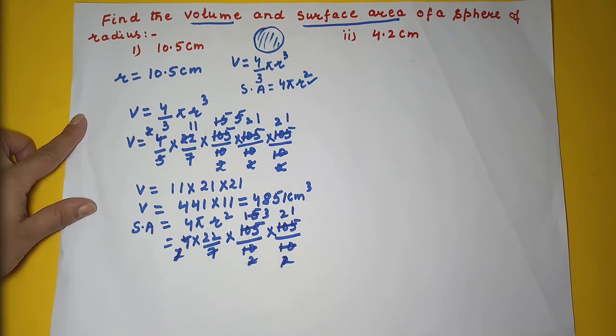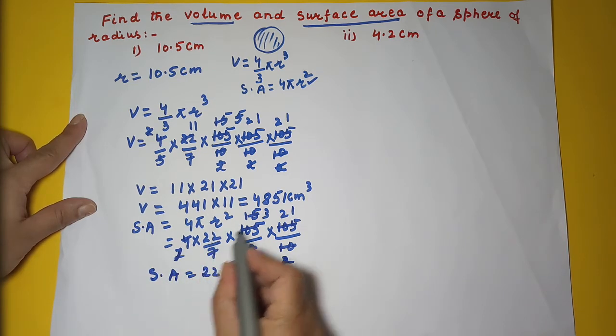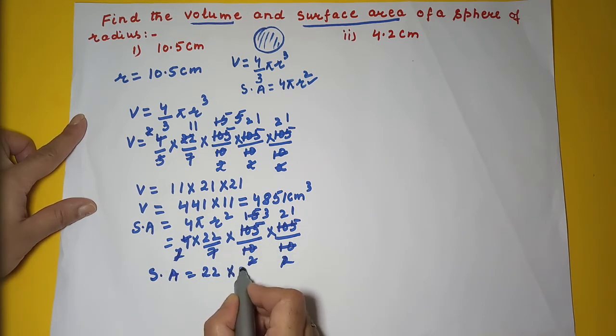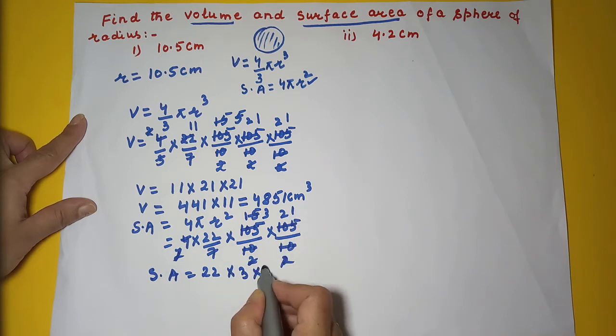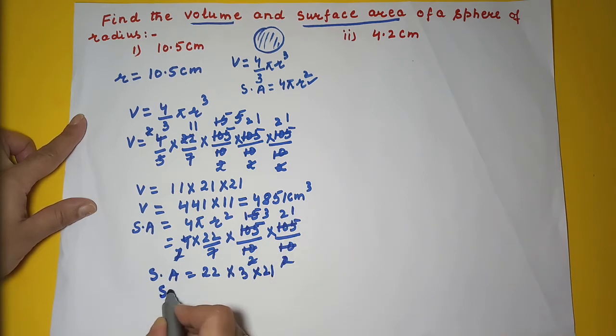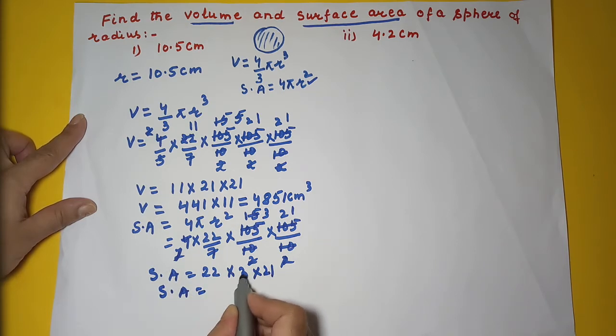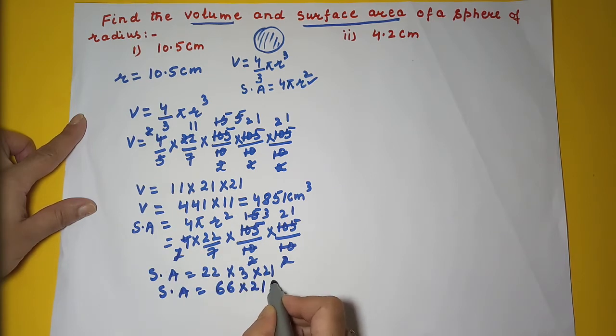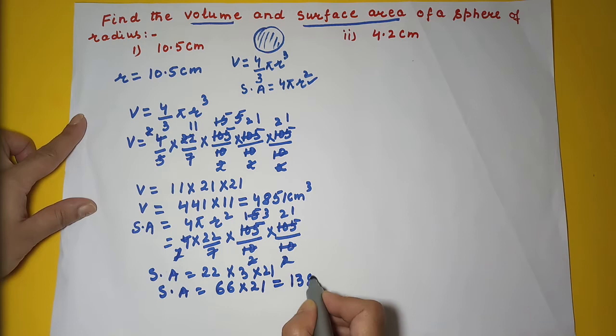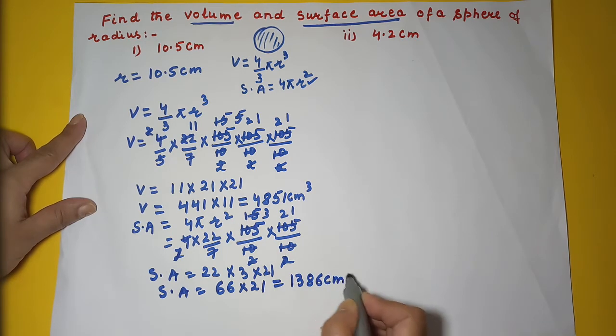This 2 and this 2 will go. So we are left with 22 here, 3 here, and only 21 here. So finally your surface area is 21 into 3 is 63, and you can multiply 66 into 21, which is equal to 1386 centimeter square.